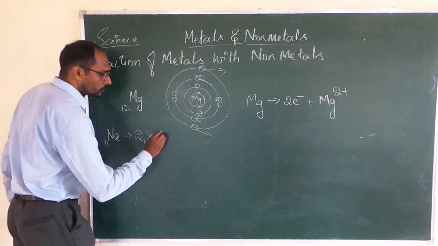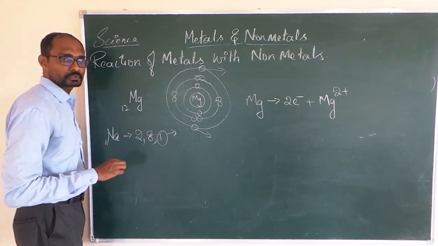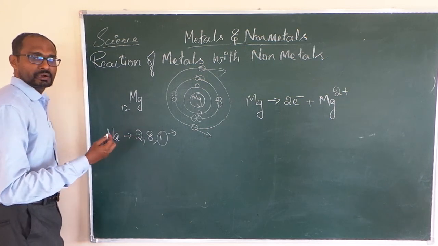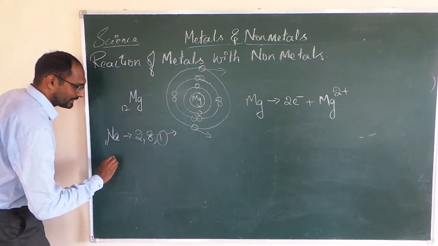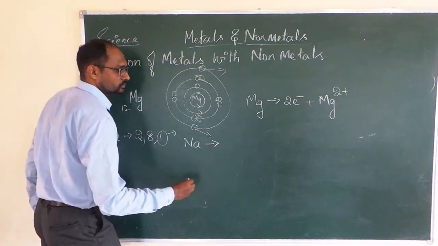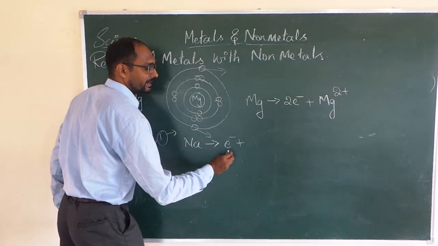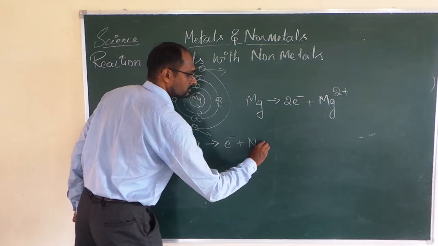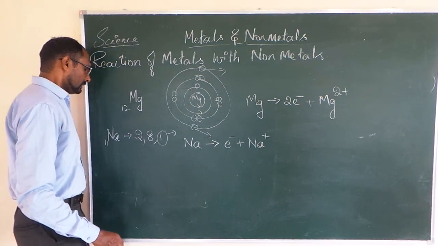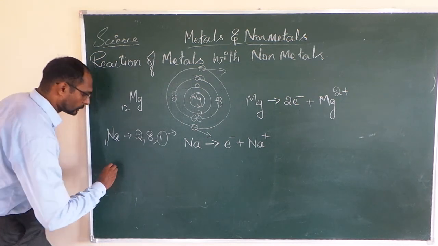So, sodium would lose this electron to form Na+ ion, the sodium ion. Okay, so I can write that as an equation. Na gives away an electron to form Na+ ion.